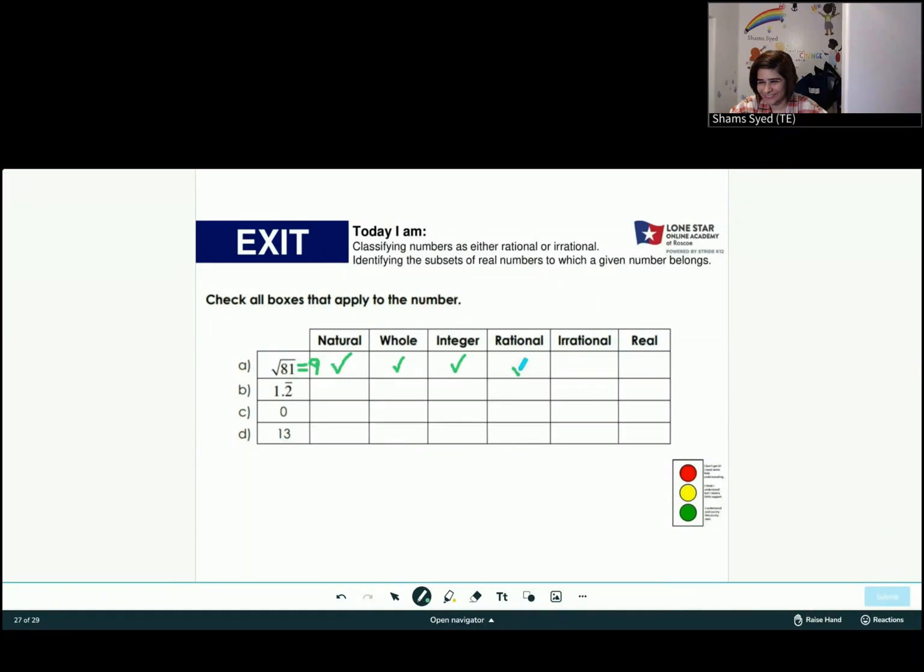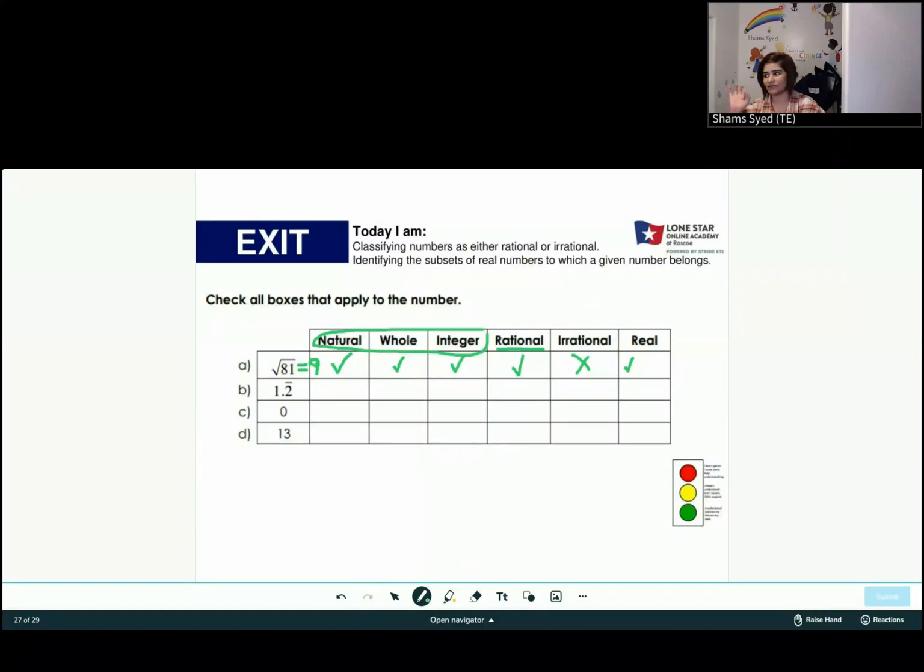You guys are so fast. It is. All of these make it a rational number, right? Is it a real number? Is it an irrational number? No, very good. It's also a real number. Well, go ahead, do at least one of these 3 numbers. Any of your choice. And I'm going to check and then I will let you guys go.